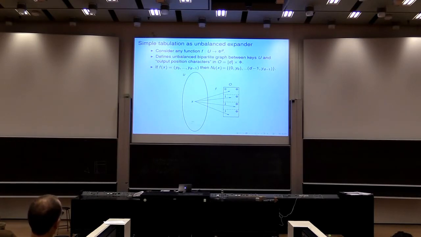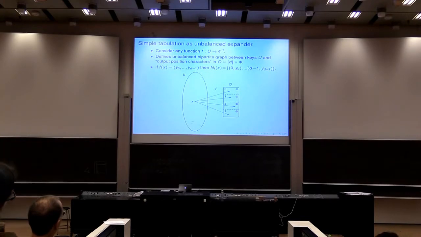So how do we define the unbalanced bipartite graph? We say that the right-hand side consists of these position characters, which is both the character and the position in the hash value. If we have some function that gives me D characters, then the neighborhood of the key x is just each of these output characters together with its position.